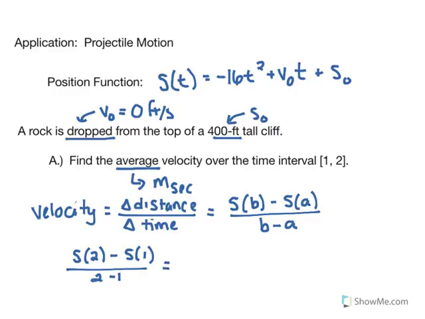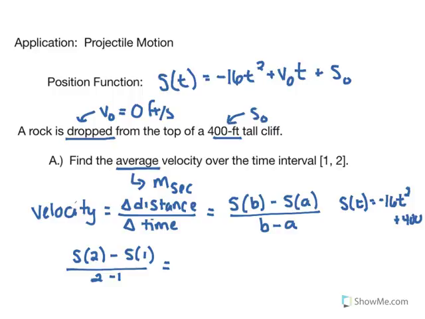S of 2. So what's our s function? So we should go back and write that s of t for this problem is negative 16t squared plus 400. The v0 t term disappears because the initial velocity is 0 because the object is being dropped, and the initial height is 400 feet because of the 400-foot tall cliff. So that is our position function.